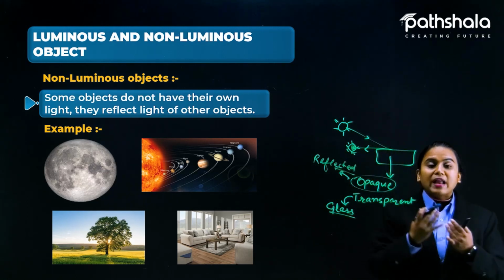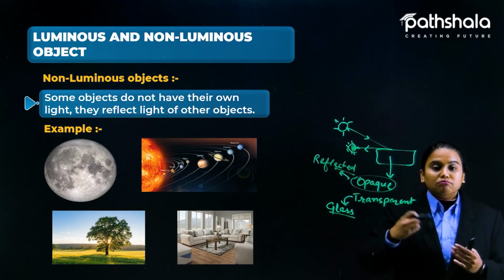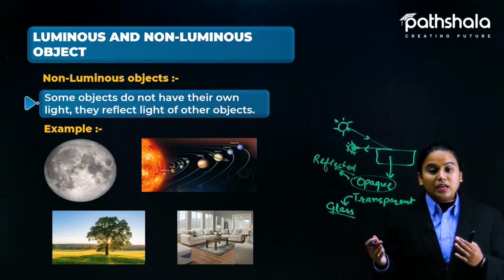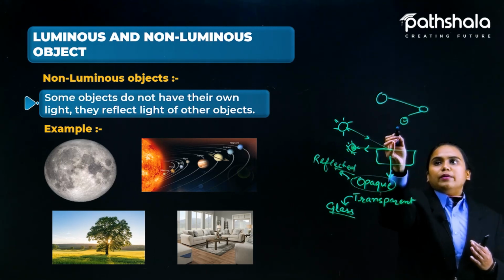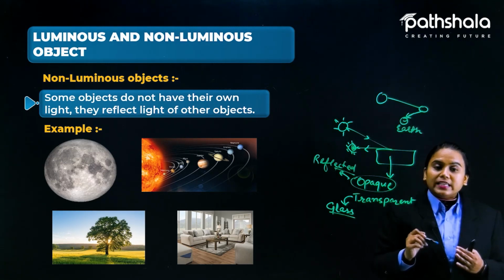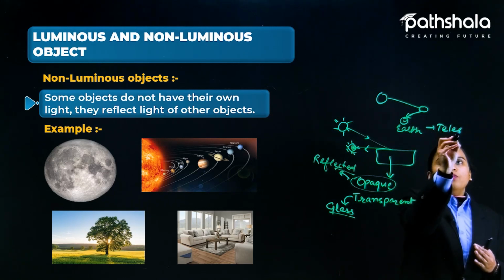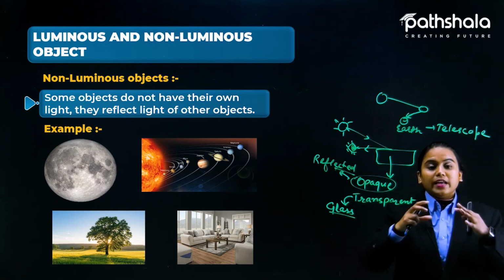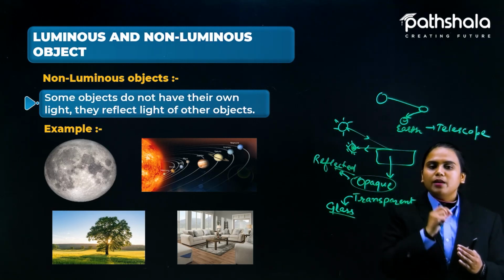Students, it is clear that non-luminous objects are any objects which do not have their own light, like planets. We can see Mercury, Venus and Mars because the light coming from the sun is thrown back by them, and we are able to see it from Earth. Why are we not able to see them by naked eye? We can only see them with the help of a telescope, because the telescope gathers light over a wide range, and our eyes cannot receive such a little bit of light.